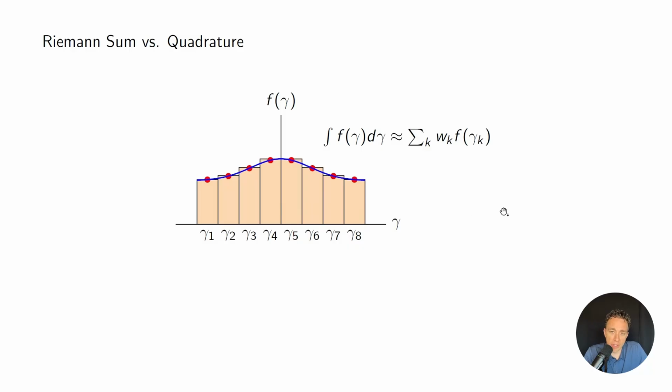And there's also other implementations where you use the trapezoid rule instead of rectangles, because that will give you less approximation error. There's also something called Simpson's rule. There's different ways of doing this, and you can look at a calculus textbook if you're interested about that. For the time being, we're approximating d gamma with this grid weight, and then the f we're also just evaluating at the grid point.